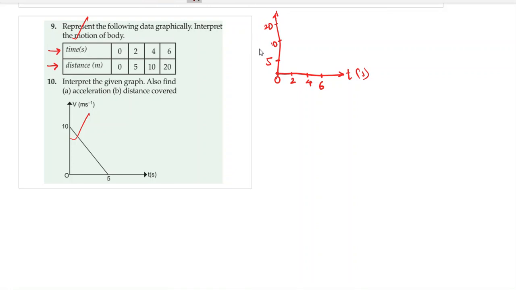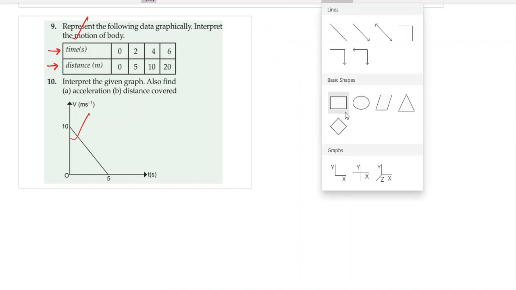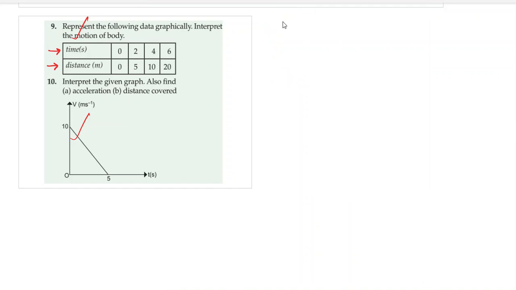Correct? So they have asked us to draw this graph. Now let me just erase this and draw a proper shape, otherwise it can be a little trouble.